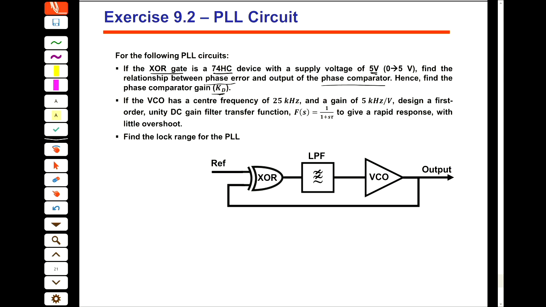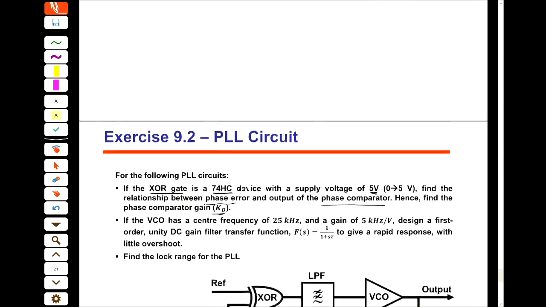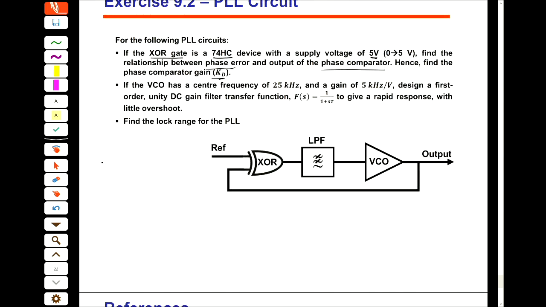If you remember from the previous question, if we have a signal like this, for example, this is V1, this is V2, and then I apply V1 and V2 into an XOR.